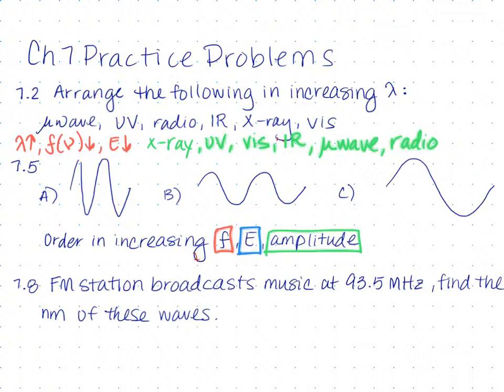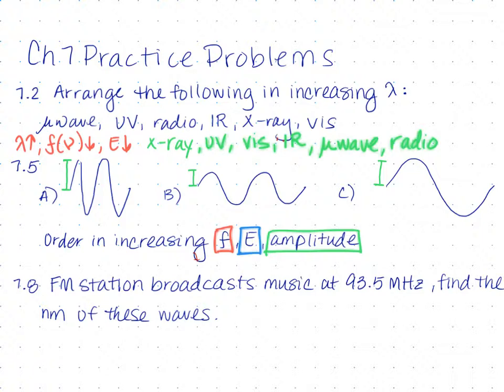So amplitude is the height of the wave. So I see where the wave starts and how far it is to the peak, where the wave starts and how far it is to the peak, where the wave starts and how far it is to the peak. So in the book it's drawn a little bit differently, but here it looks like A and C have relatively equal amplitudes.